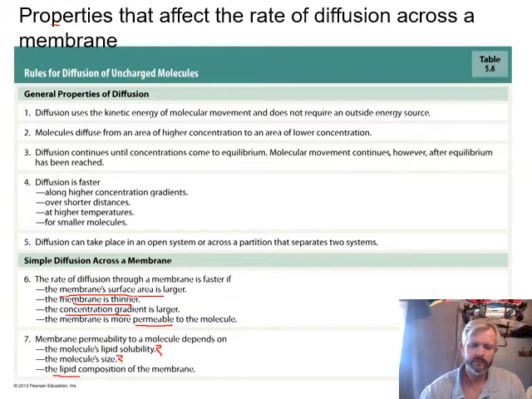One we didn't discuss is the lipid composition of the membrane, but this can change. We're going to worry more about molecular size and lipid solubility. Small lipid soluble molecules can move very quickly through the membrane. Stuff like cholesterol and steroids, very nonpolar and small, can zip right through the membrane.